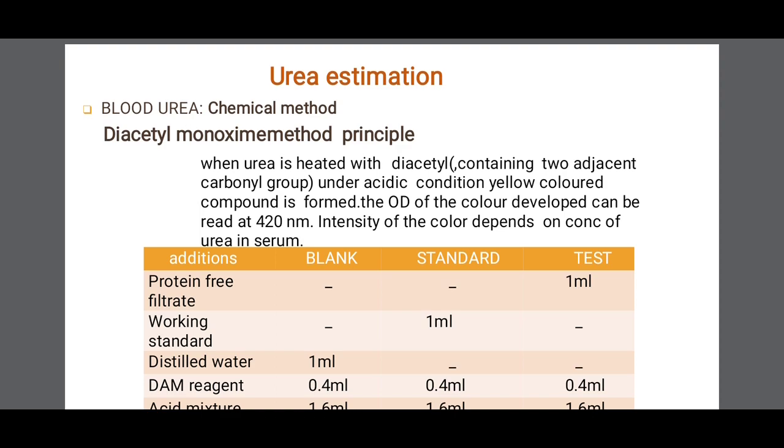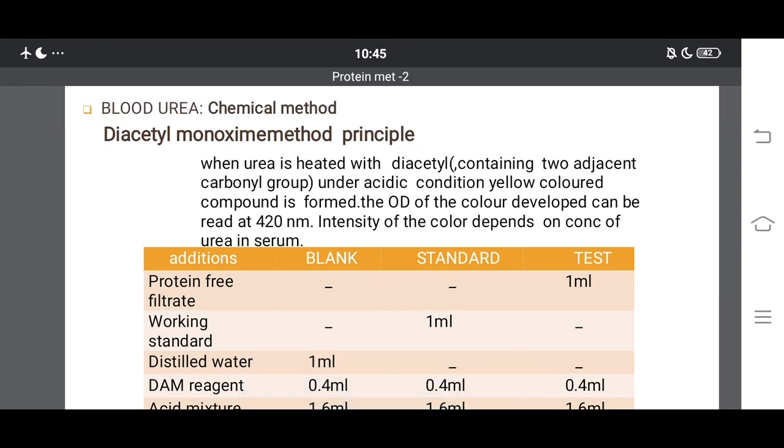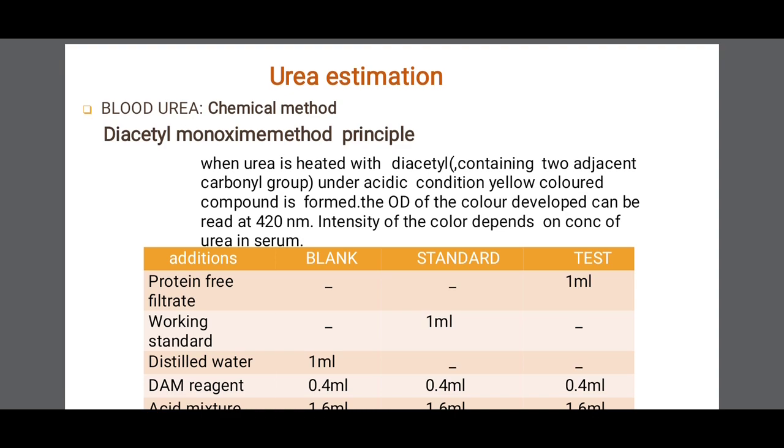In the procedure column we can see the blank, standard and test. We'll take 3 tubes and include protein free filtrate and the working standard, distilled water, DAM reagent and acid mixture for the test tubes as given in the column.